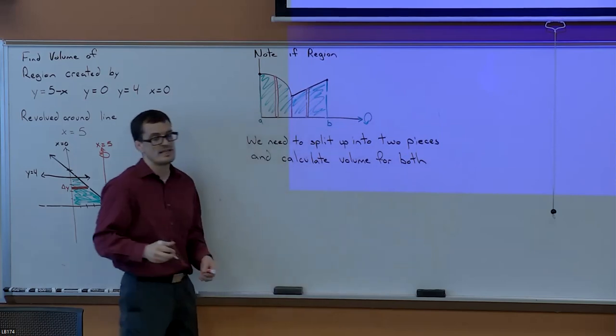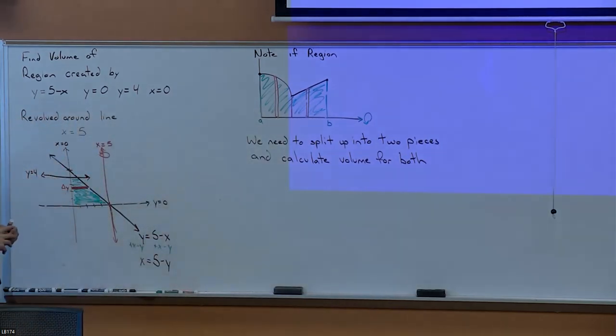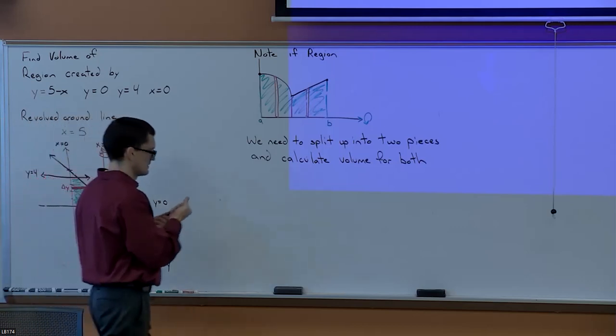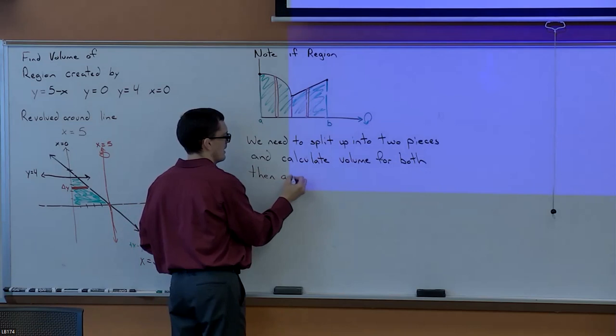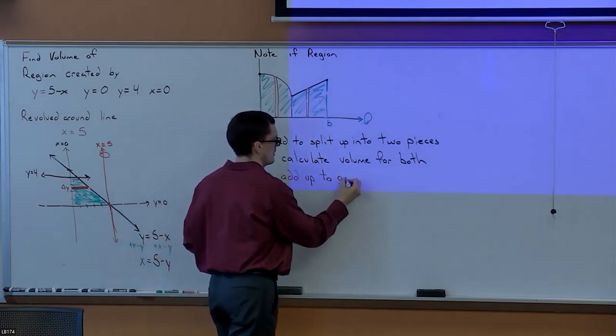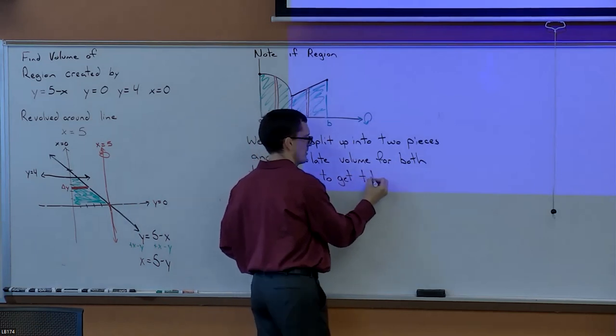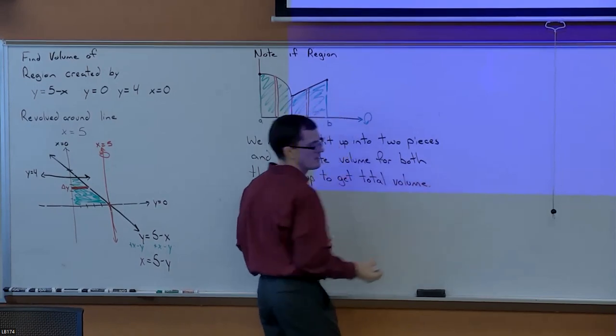We don't do that in this section very much, but if I have this big region, but it's determined by multiple curves, I might have to have multiple different values and add them up. Okay.